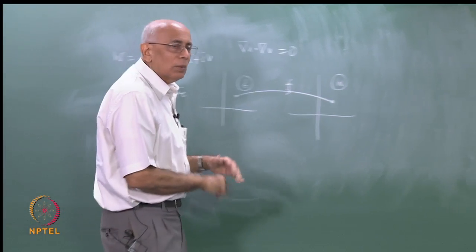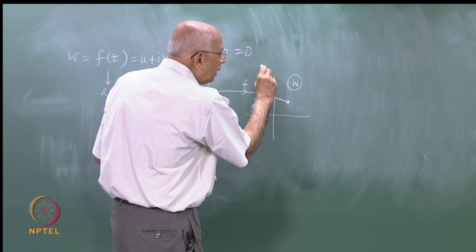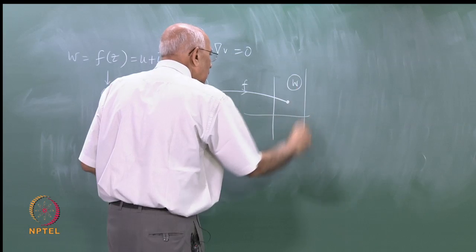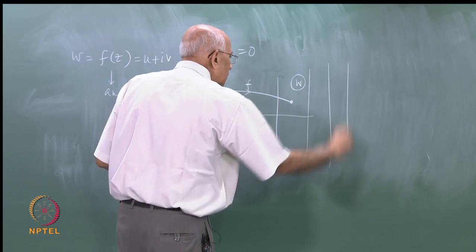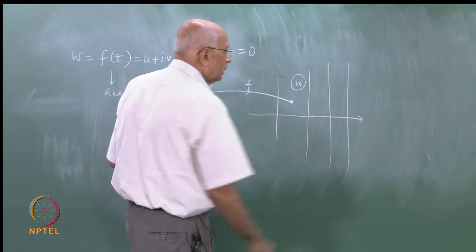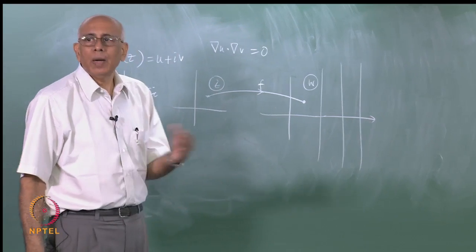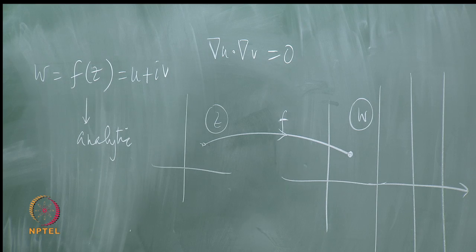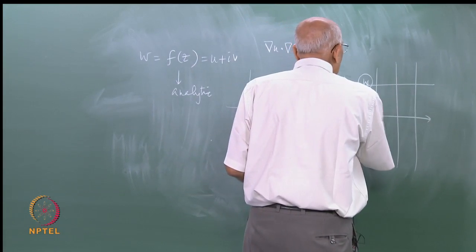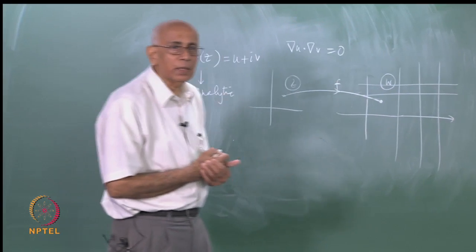What that meant was that in the w plane, if these are the lines for which the real part is constant, namely u is constant, these are the parts where v is constant on this side, right.